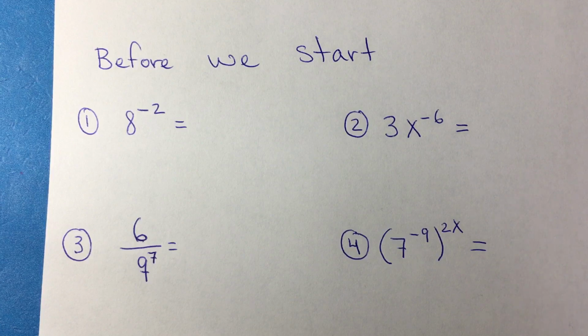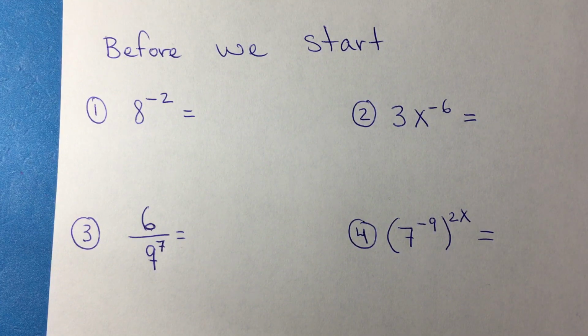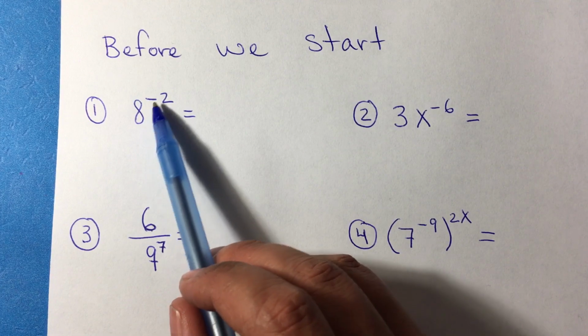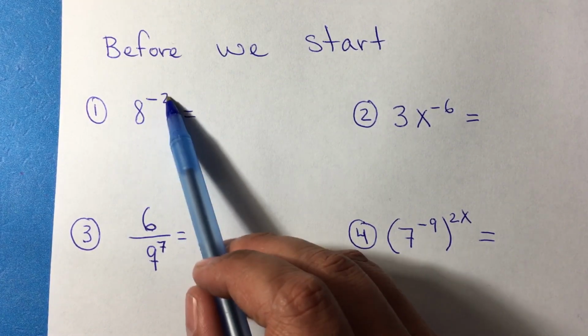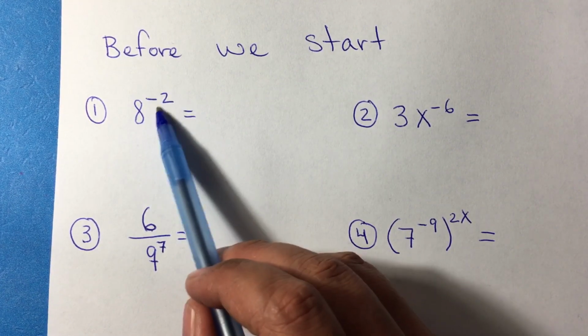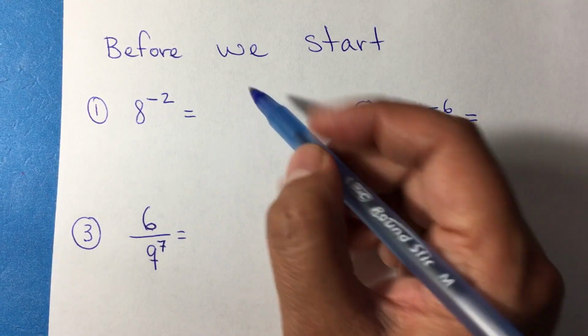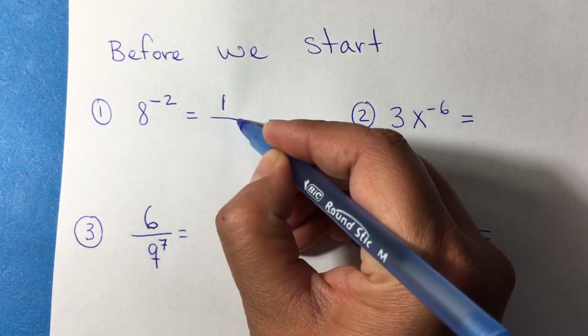Before we start, we're going to review some concepts that we learned in the first video of this playlist. Okay, so if you recall, whenever you have a base with a negative exponent, we cannot have a negative exponent, so we're just going to send it to the denominator and put a 1 in the numerator.